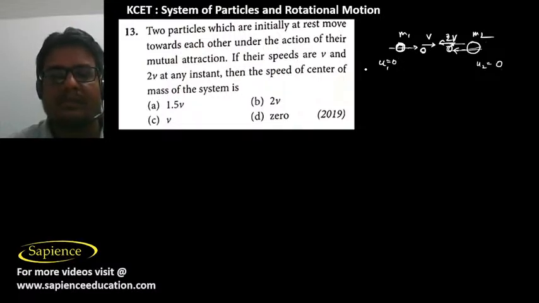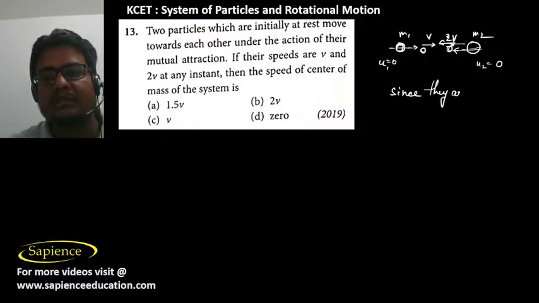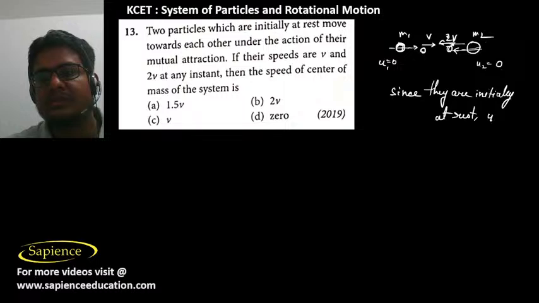then what is the speed of the center of mass of the system? Since they are initially at rest, u equal to 0, so the initial velocity of the center of mass of the system will be 0 also.